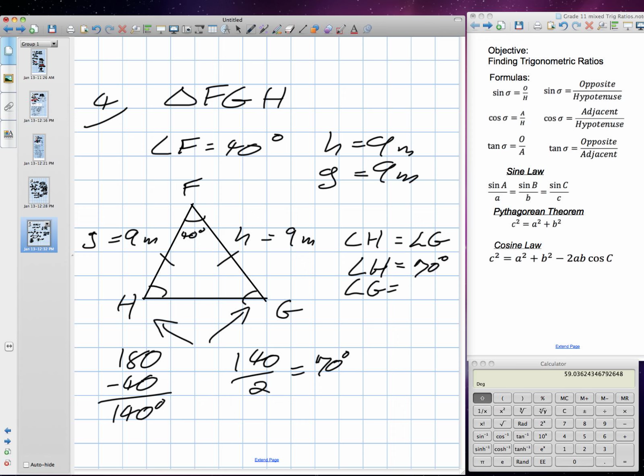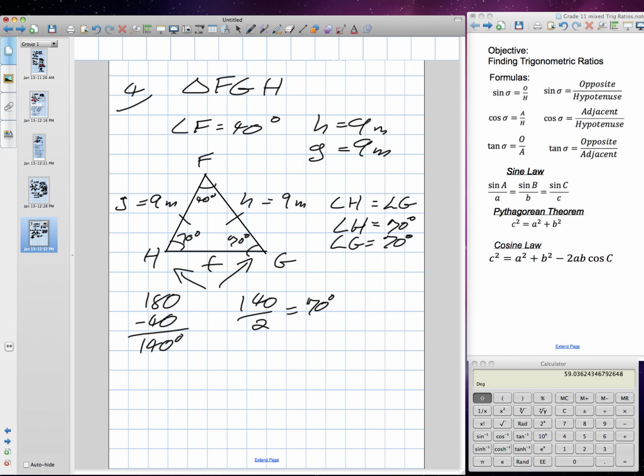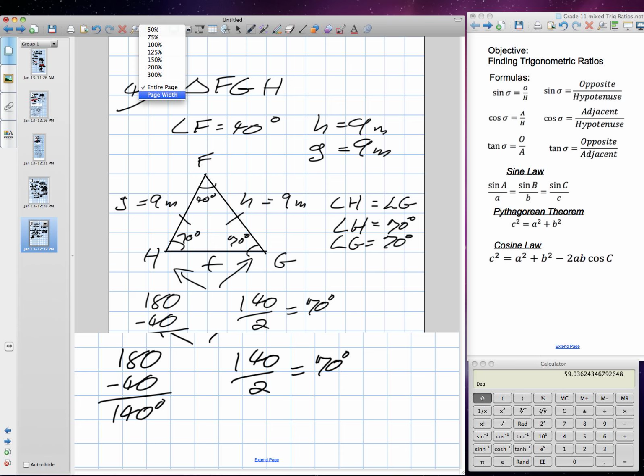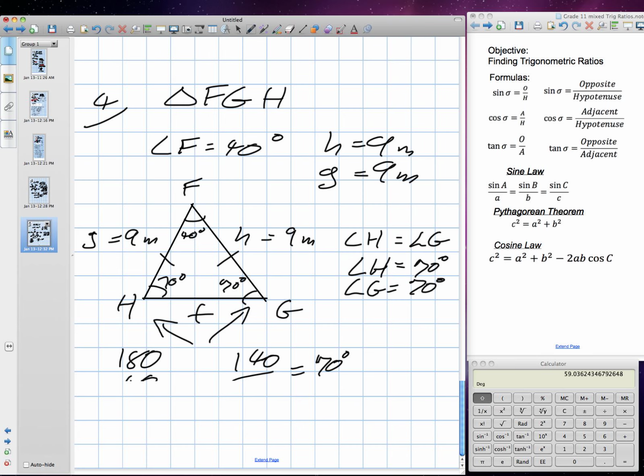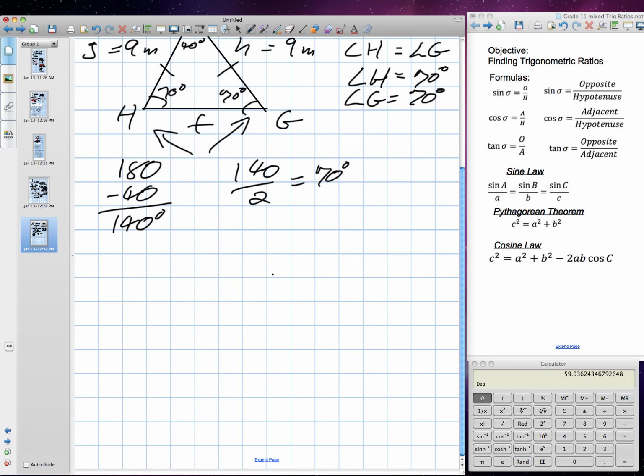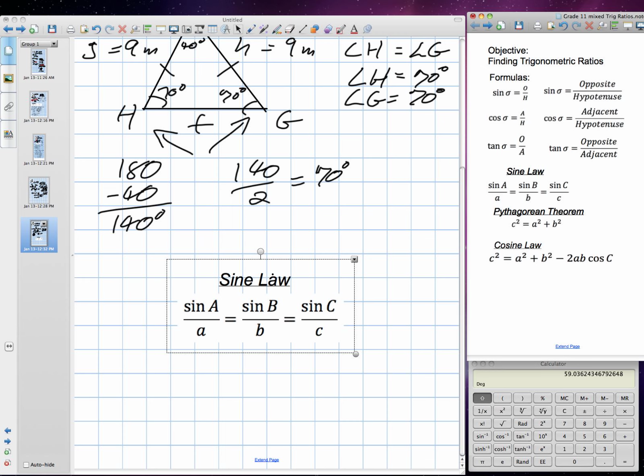Now, is this a right angle triangle? No. So I still do need to solve for side F. Because I have complete ratios, I'm going to use sine law to solve for side F. Instead of renaming, I'm going to quickly throw these in, in the interest of time.